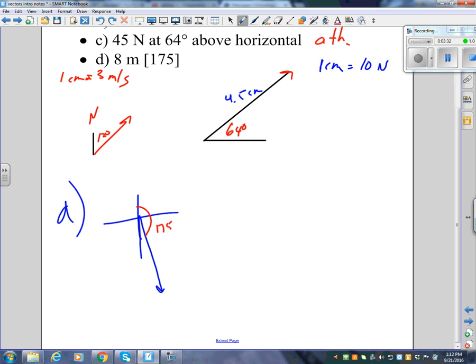How long? 1 centimeter equals 8 meters, maybe. 1 centimeter equals 1 meter. And then this would simply be 8 centimeters long, right? Is that enough to make you feel okay about this?